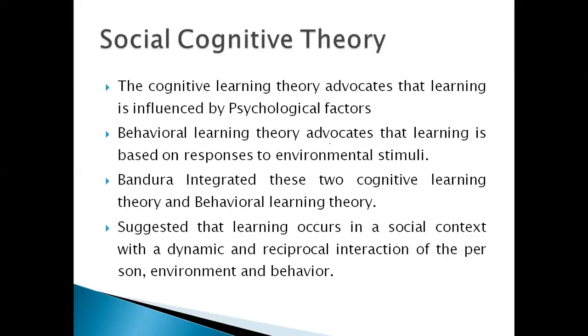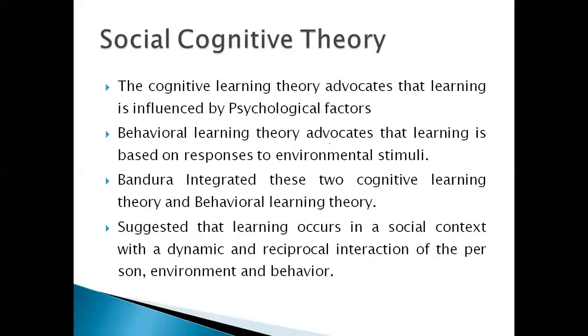In the example, you saw your elder brother's or sister's behavior and its consequences, and you are also processing. By observing that behavior, you think that if you repeat it, you may have the same consequences, so you categorize into do's and don'ts. Your mind is processing. So he combined the cognitive theory and the behavior theory and came up with the social cognitive theory.